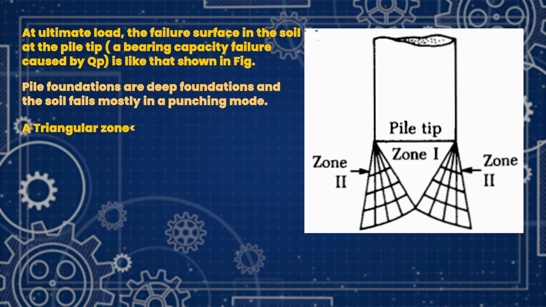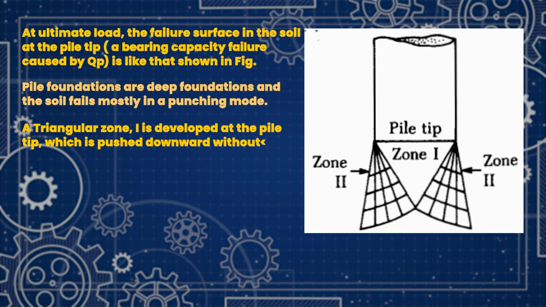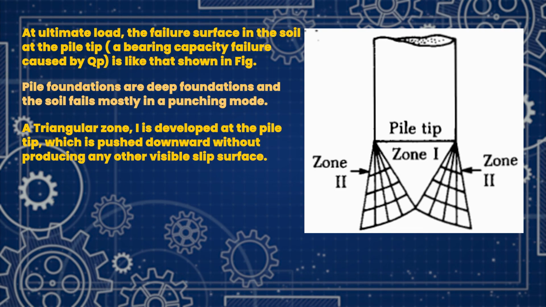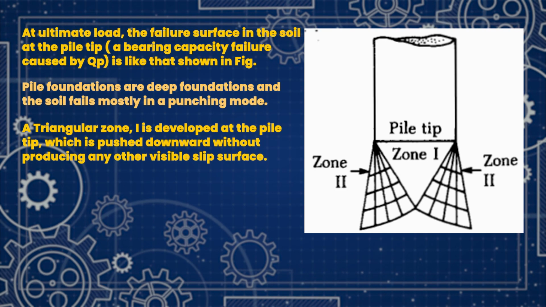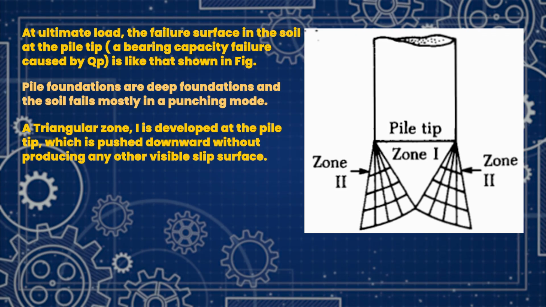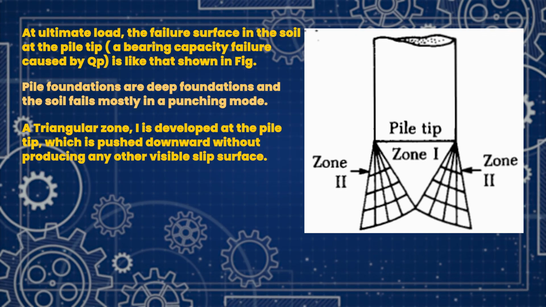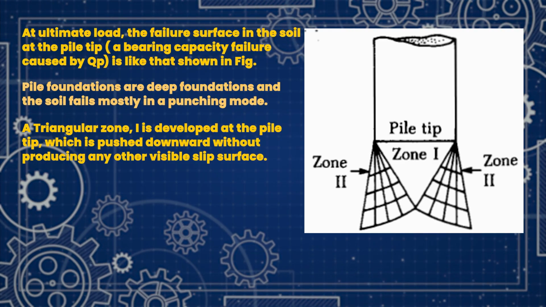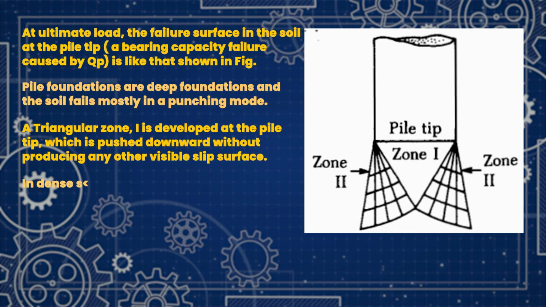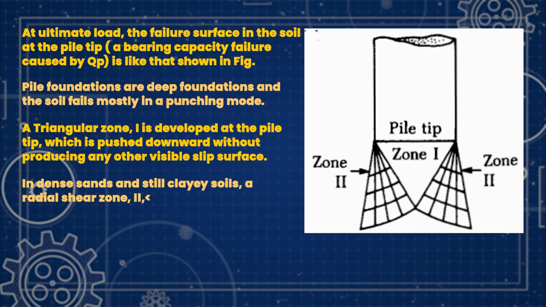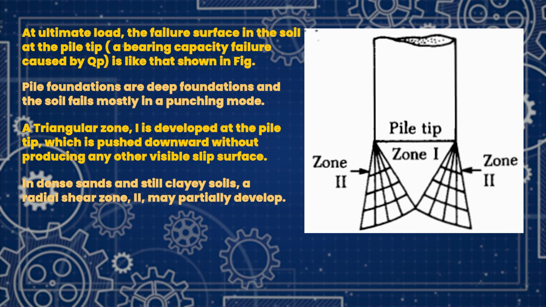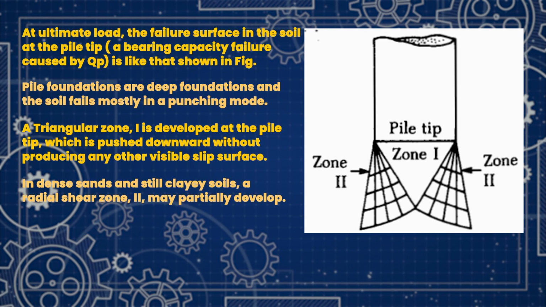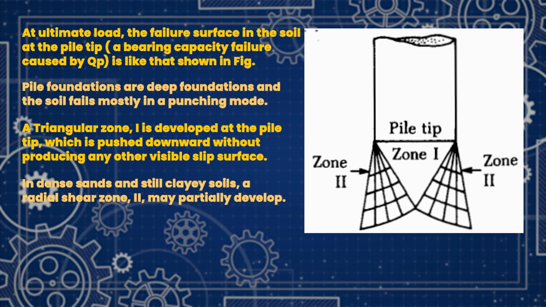Zone 1 is developed by the pile tip, because of the applied force. It is pushing downwards without producing any visible slip surface. Similarly, at this end is zone 2, which is the radial zone. This happens in dense soil as well as silty clay.